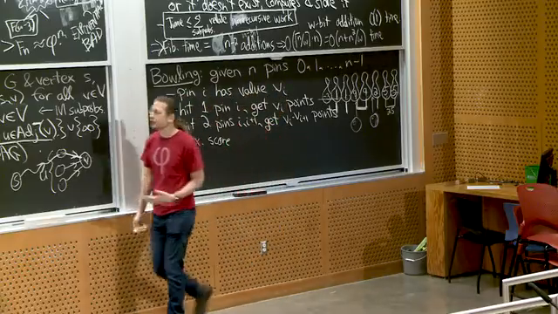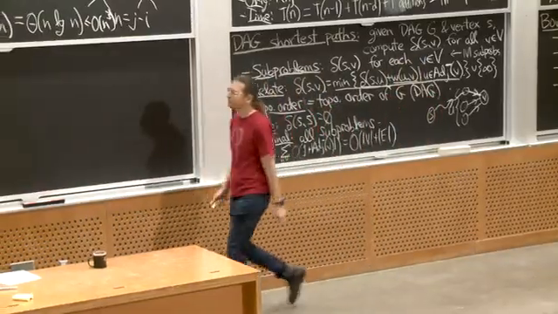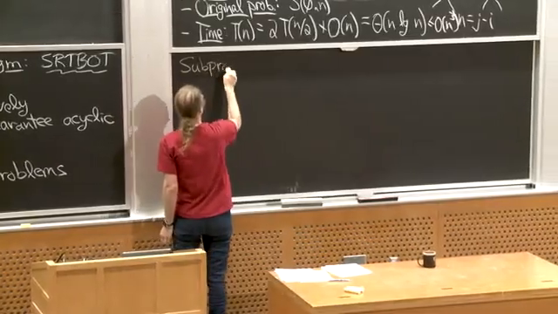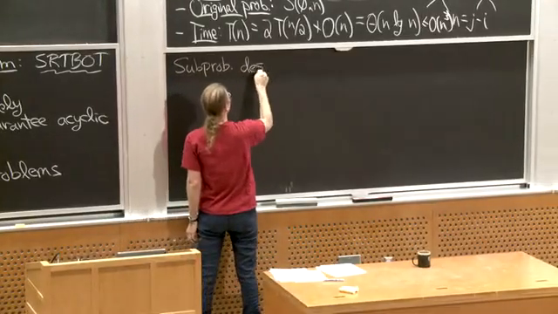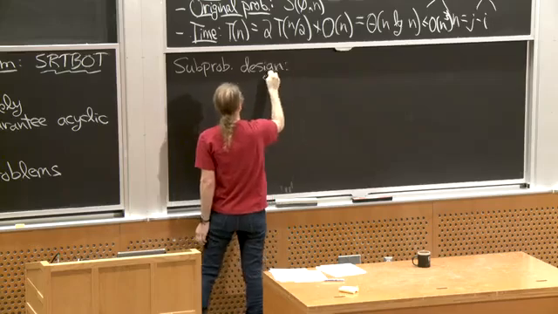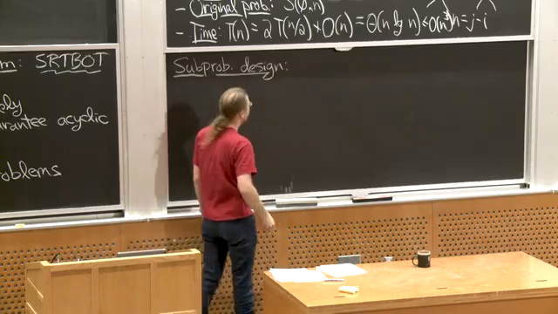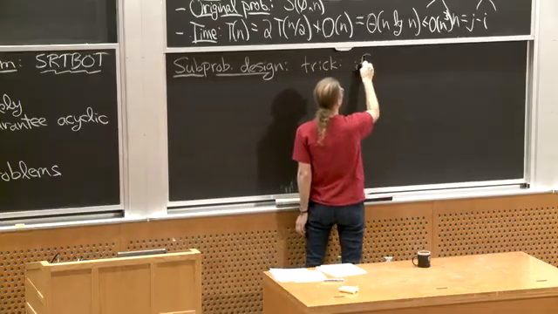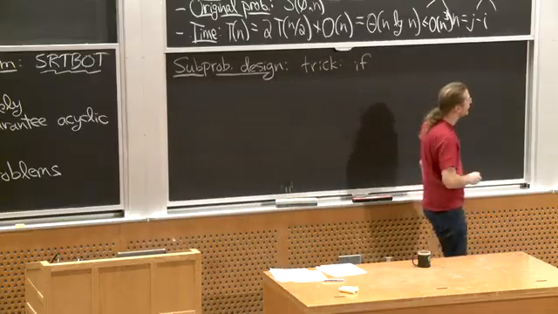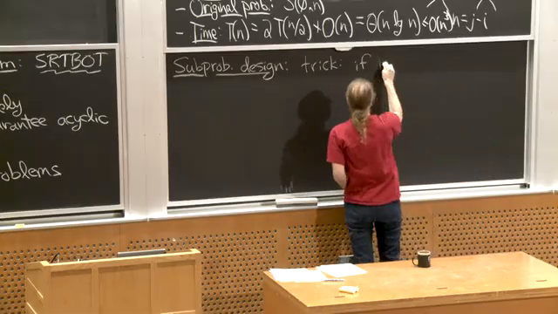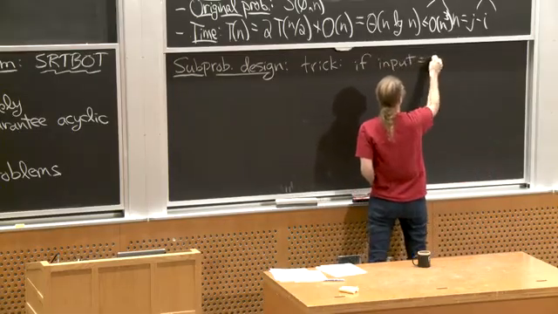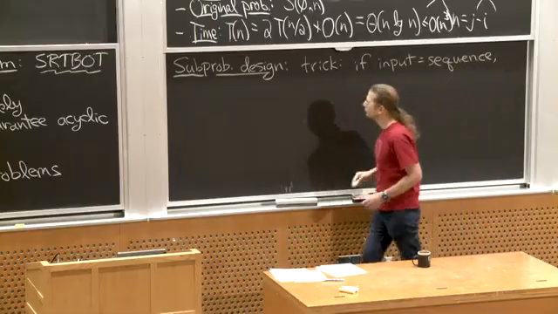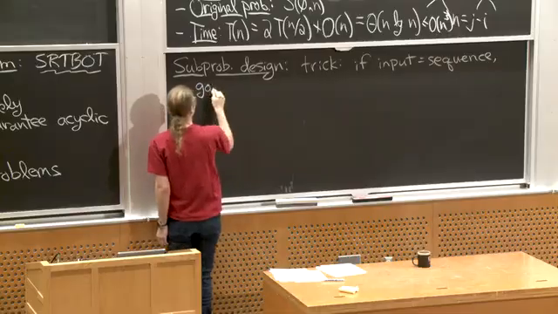A general tool for subproblem design, which will cover most of the problems, maybe all of the problems that we see in this class for dynamic programming. Here's a trick. If your input is a sequence, here are some good subproblems to consider.